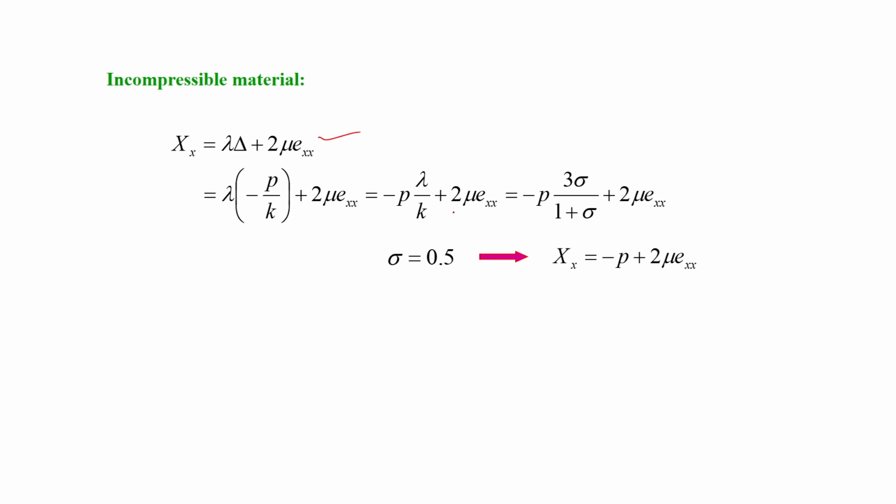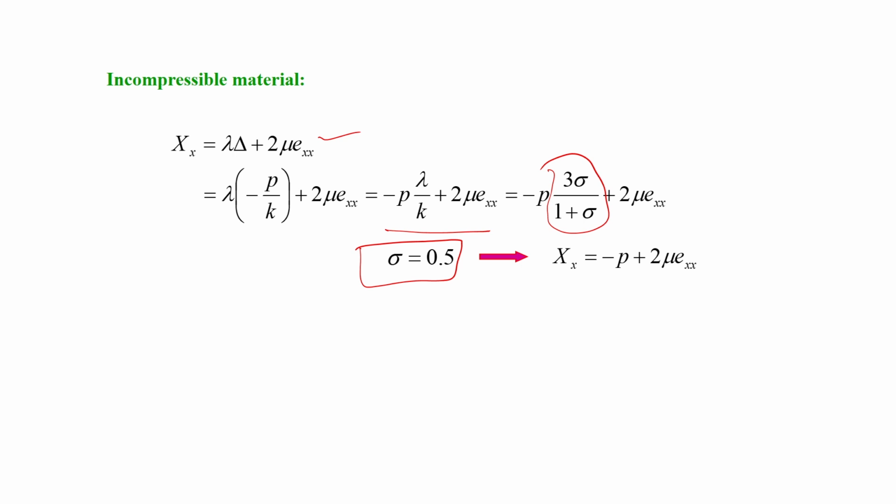Here we write it like this, and then lambda by K is the relation. If we work it out, it will come out like this. This is not difficult to derive. It will come out as minus P, 3 sigma by 1 plus sigma, and since this is an incompressible material, therefore sigma is equal to 0.5.